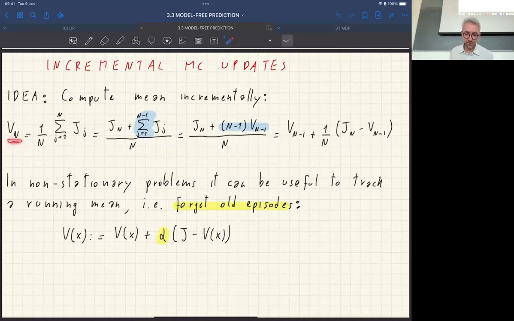So you can write the equation so that your new estimate of the value is computed as a function of your previous estimate of the value.